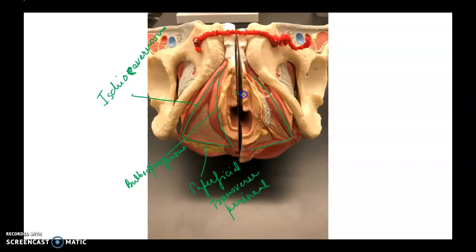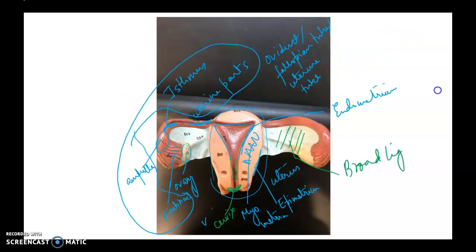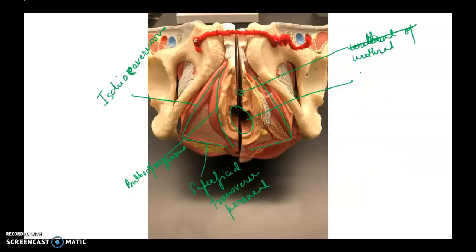Okay, then this opening right here is urethral opening. I should cross it out. Urethral opening. And this is the vaginal opening.